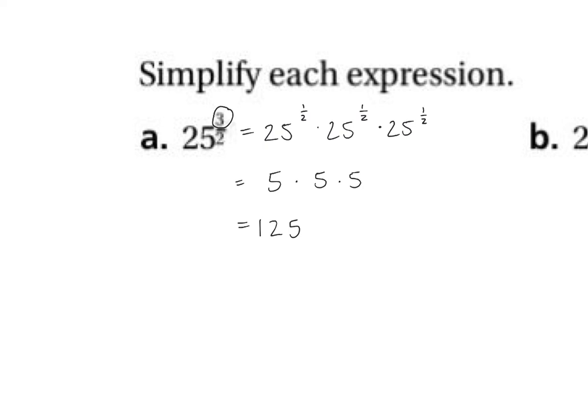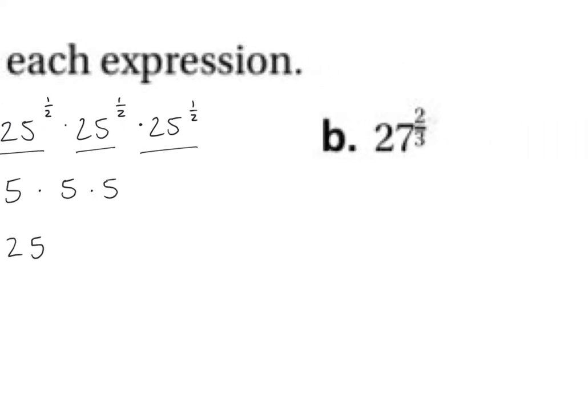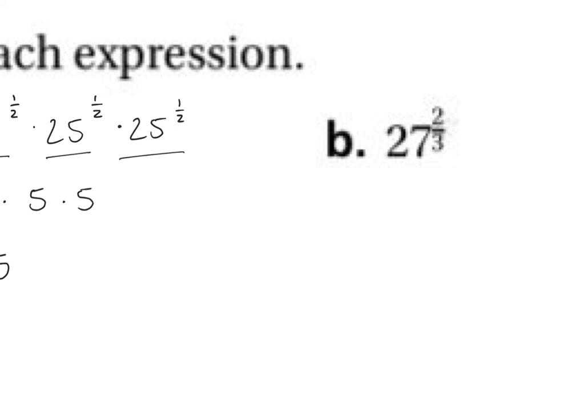Okay? Now, a little trick, guys. You notice how there was a 3 in the numerator of that exponent? That means that we're going to have 3 parts to multiply by each other. So, in B, 27 to the 2/3. How many parts are we going to multiply by each other? 2.